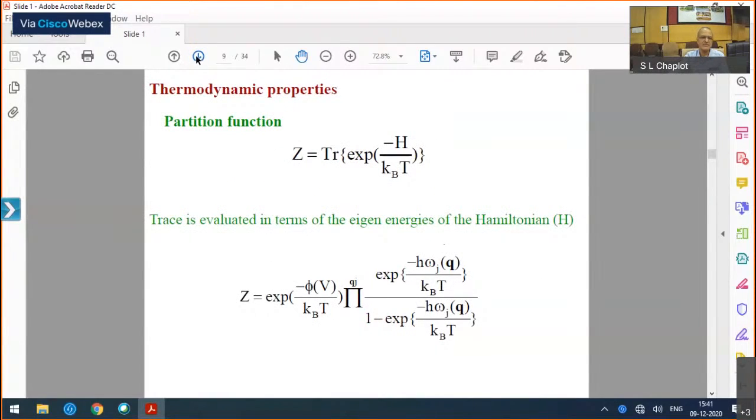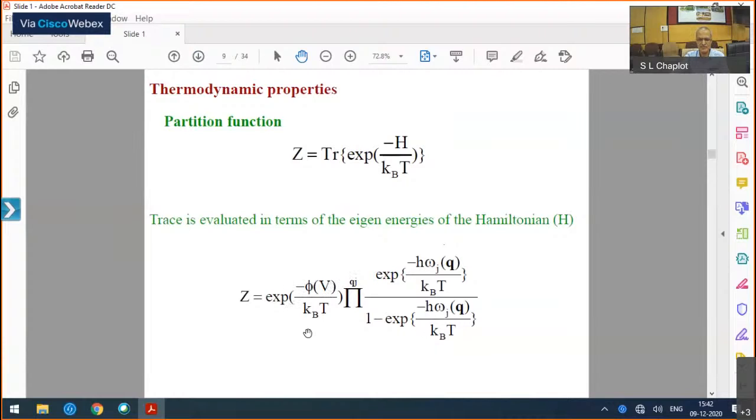Now this is only a formal way of expressing that if you have the collection of all the frequencies as a function of wave vector, these are all the phonon excitations. When you have the collection of all the excitations, one can do the statistical mechanics and write what is called the partition function in terms of the total Hamiltonian, which can be expressed in terms of all the frequencies and the total potential energy term.